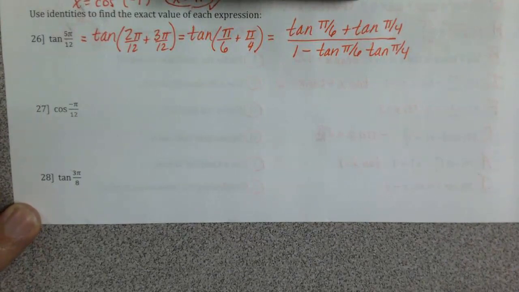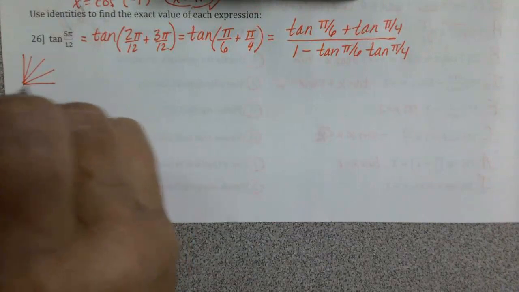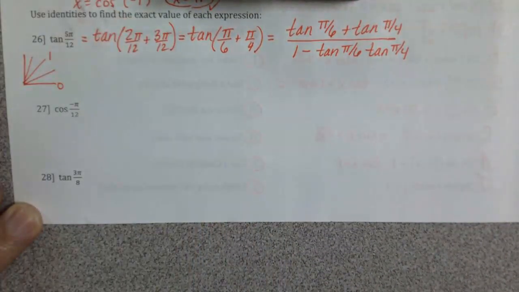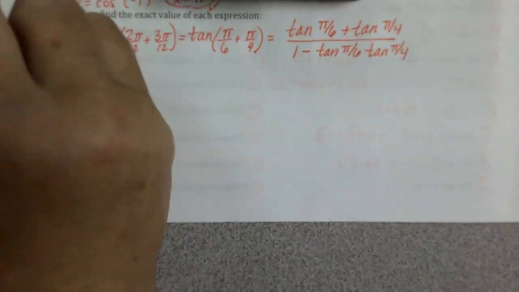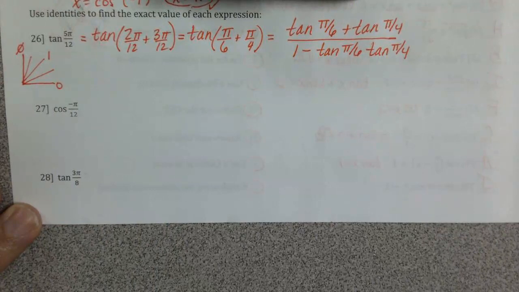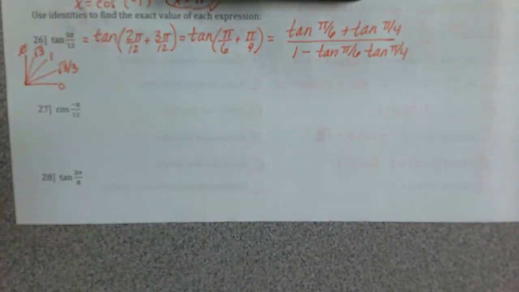Okay, then if you remember the tangents from quadrant 1, the tangents are the slopes of those lines. So the slope of a horizontal line is 0. The diagonal line, 45 degrees, or pi over 4, is 1. Pi over 2, the vertical, is undefined slope, and then pi over 3 is square root of 3, and the last one is root 3 over 3.